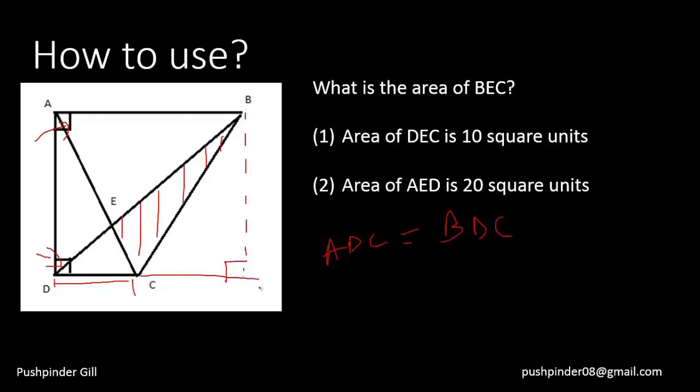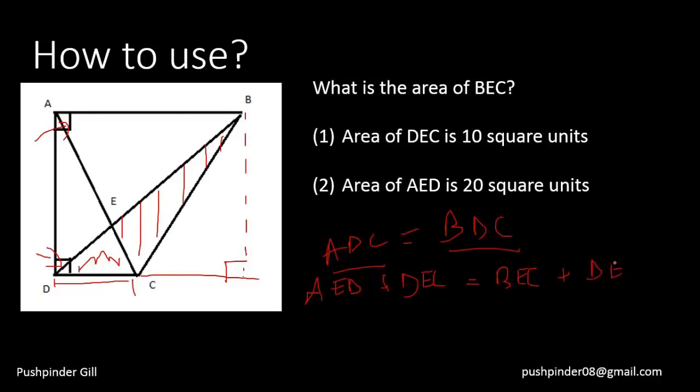Now if you can very well observe, this DEC is common between ADC and BDC. So I can very well write this as AED plus DEC, and I can very well write this as BEC plus DEC.